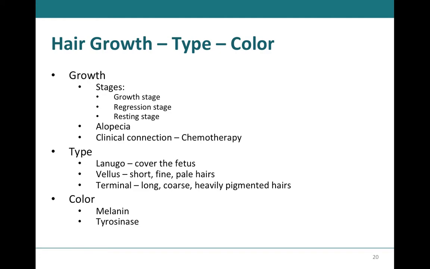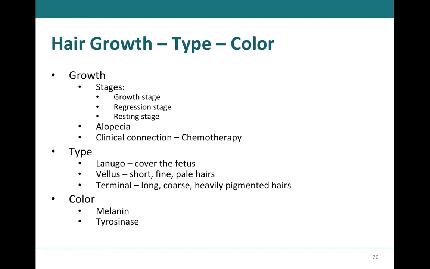And then once the hair becomes more coarse, it will be what we call terminal hair. So those hairs are longer, more coarse, and they have much more pigmentation to it. These can also come in response to androgens or hormones. So a lot of times that's why you see men having more thick, coarse hair.